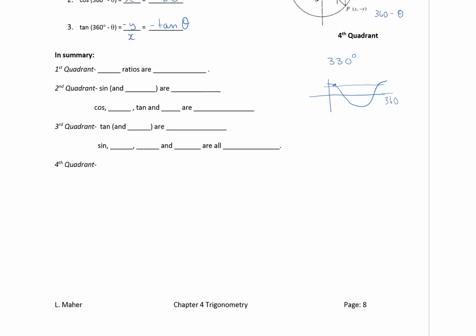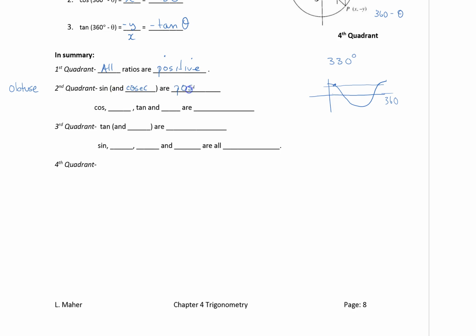So, in summary, in the first quadrant, all ratios, sine, cos and tan, are positive. In the second quadrant, so now we've moved to obtuse angles, sine and, consequently, if sine is positive, then cosec will be also, because remember, it's just 1 over sine.